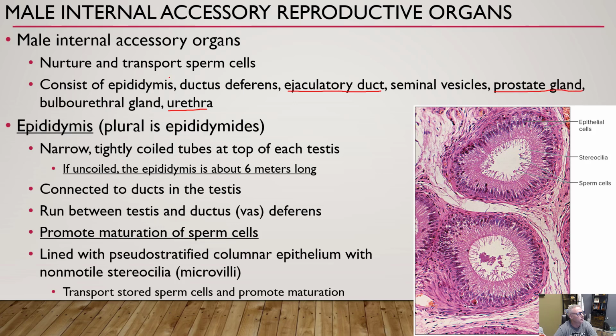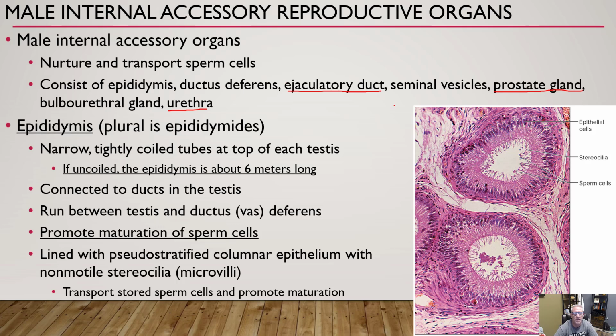The rest, we have two epididymes, two vas deferens, two seminal vesicles, and two bulbourethral glands. So you're going to have to know which ones are paired or bilateral, and which ones we only have one of.